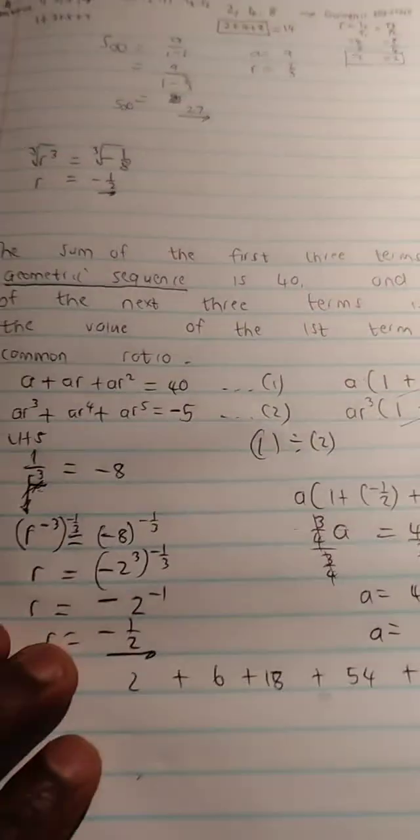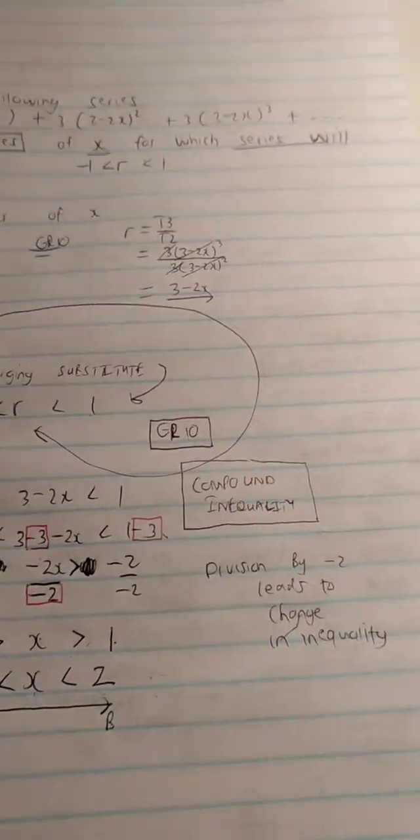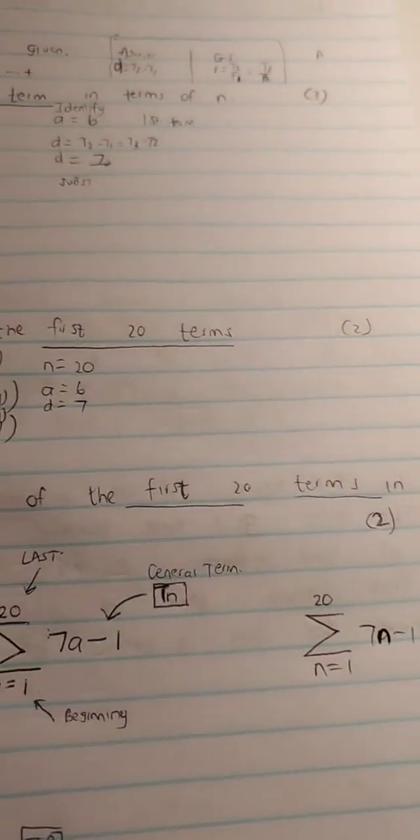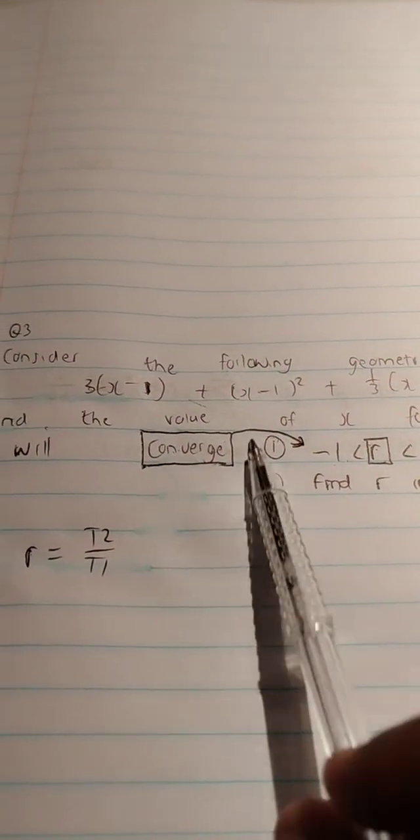But now, guys, there is a specific type of geometric series that is a bit special, if you would call it that. We call that geometric series a converging geometric series. We call it a what? A converging geometric series.